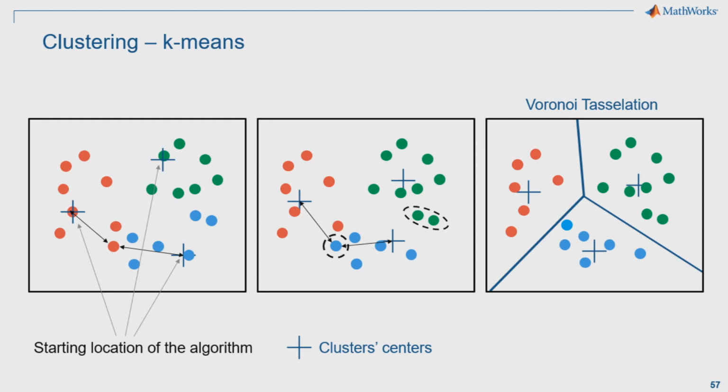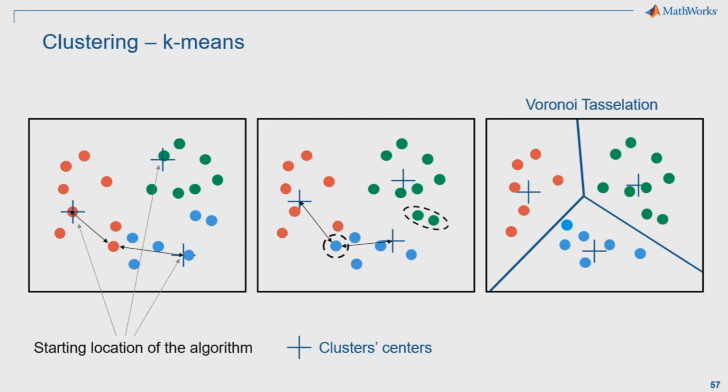So this is an iterative procedure, and you will keep doing like this until the algorithm converges. And here's the nice thing, the algorithm always converges, so you just have to wait until all the points are assigned and remain assigned to a unique cluster.